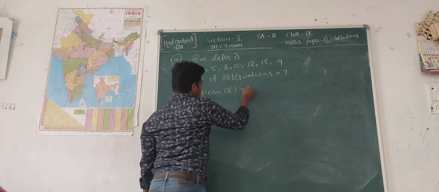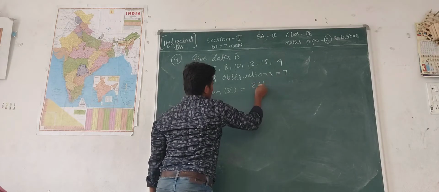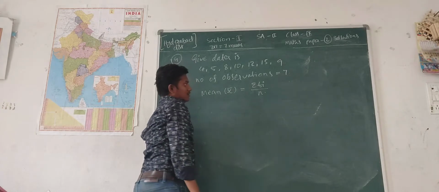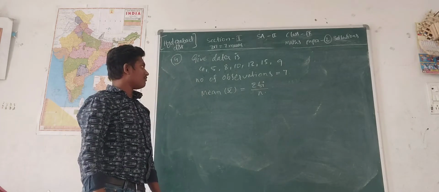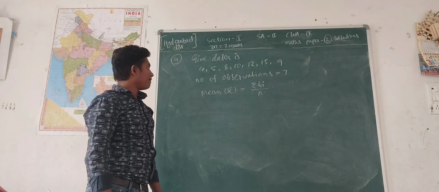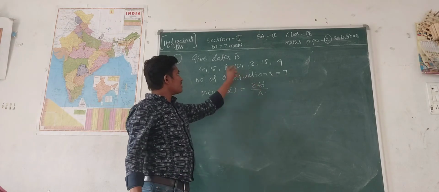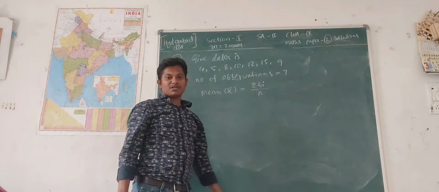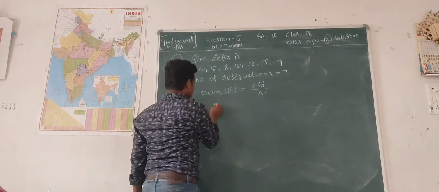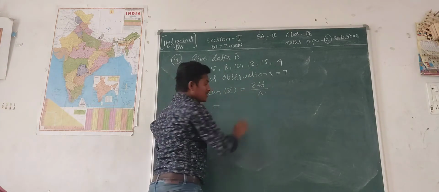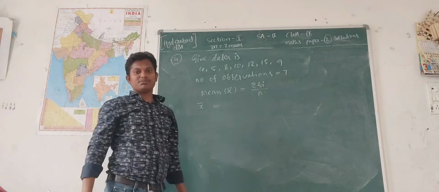Mean x bar equals to sigma fi by n. Okay, sigma fi by n. Fi means sum of these all frequencies or observations. N means number of observations. Okay, so x bar equals to, summation means we have to add these all observations.